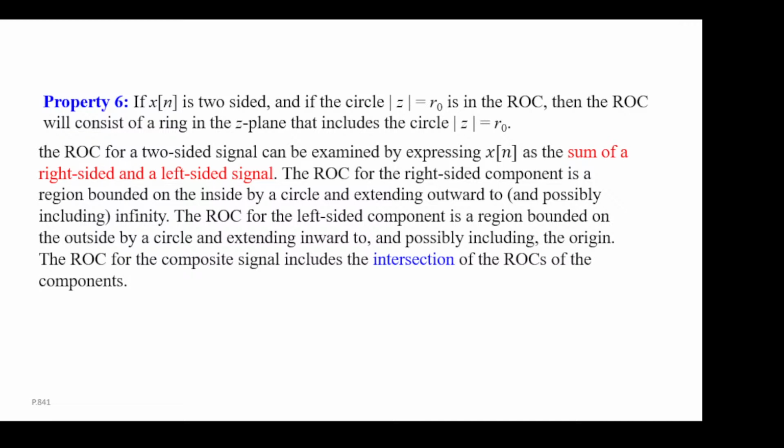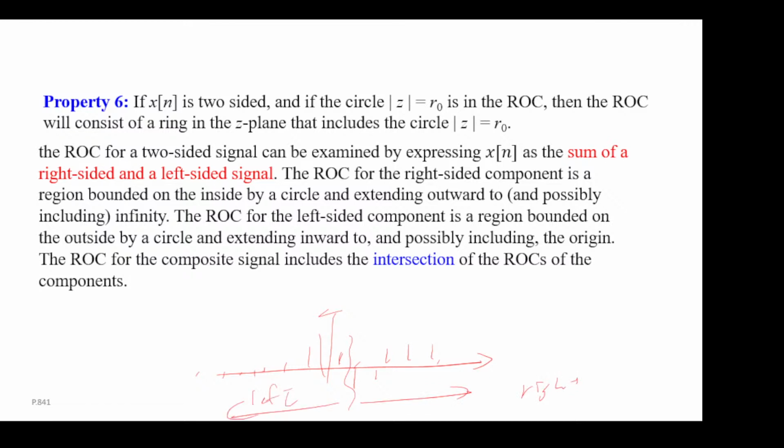We can cut off a two-sided function at any point. So for a two-sided function, you can just cut off at some point, and you have a right-sided function and a left-sided function, right?